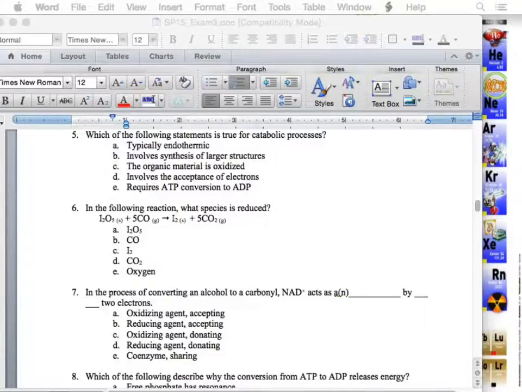If you look at carbon monoxide, it gains an oxygen, so you can say that one was oxidized. I think that was an easier thing to see. If that's being oxidized, then one of our other species, probably I2O5, is being reduced. So if carbon monoxide was oxidized, then what was reduced?